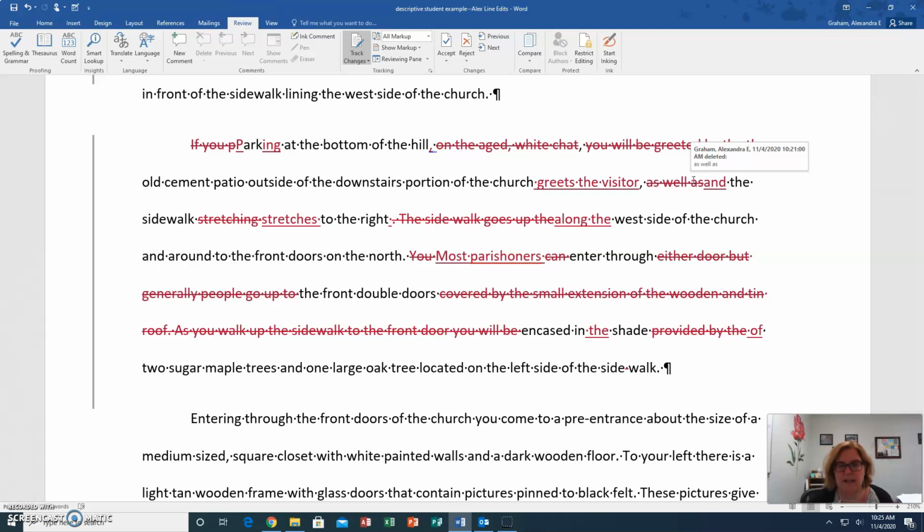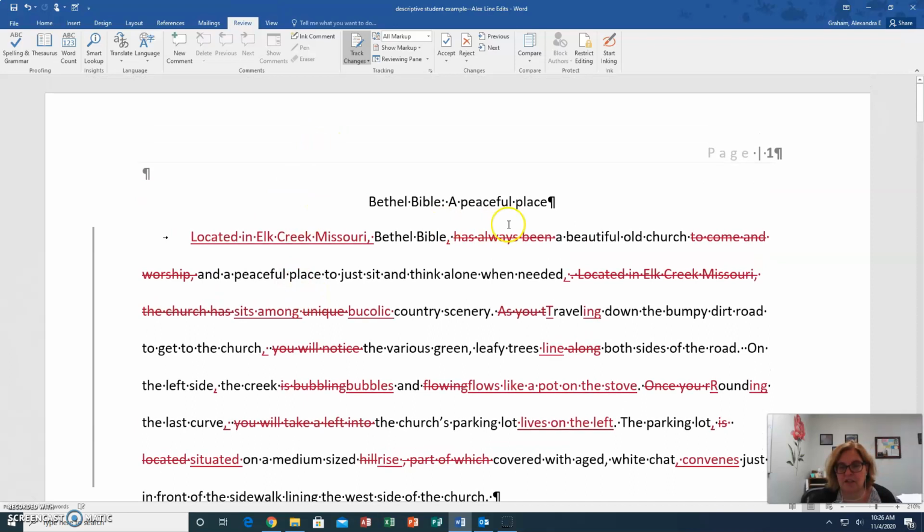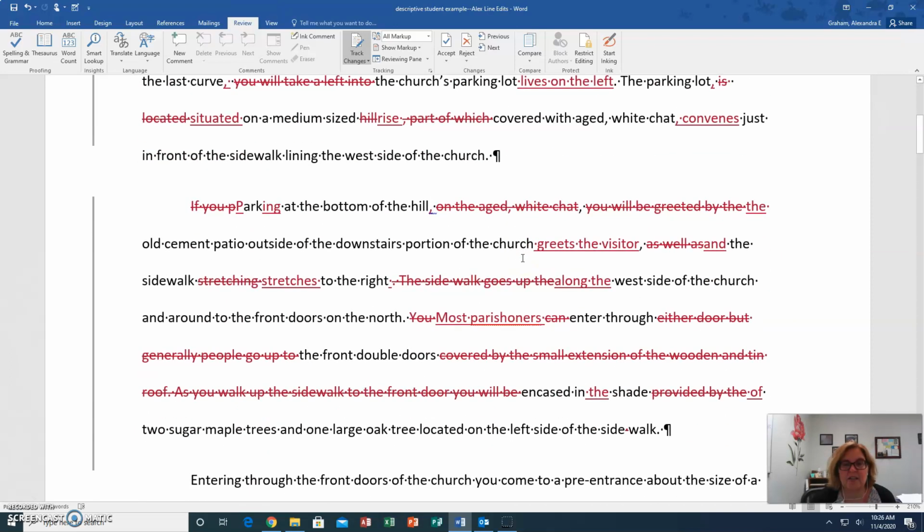But by using greets the visitor, I have personified the patio, and that makes that more of imagery, right? Because imagery is similes, metaphors, all those different kinds of figurative language, including, in this case, personification of an inanimate object, which makes sense because the dominant impression about this place is being a peaceful place, right?